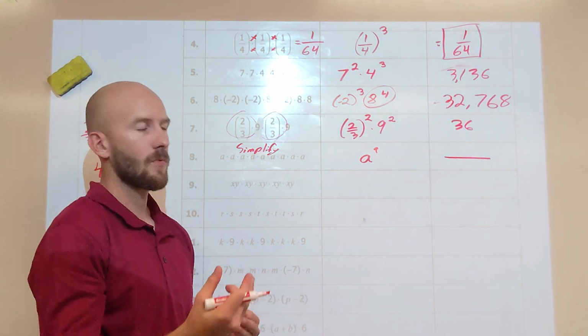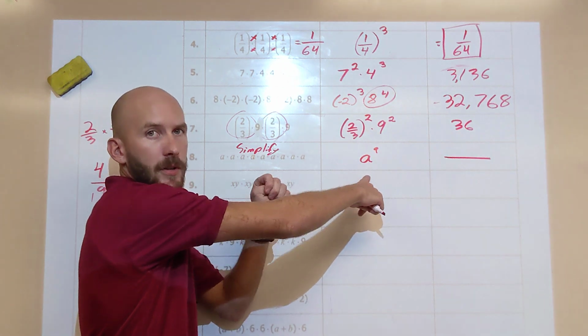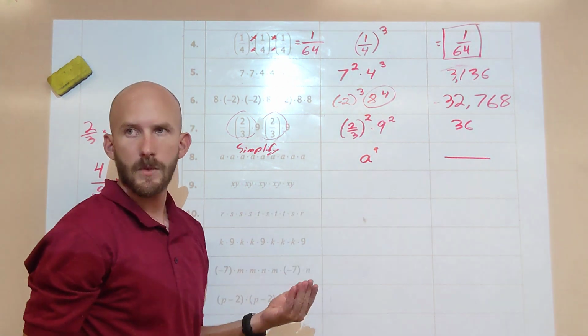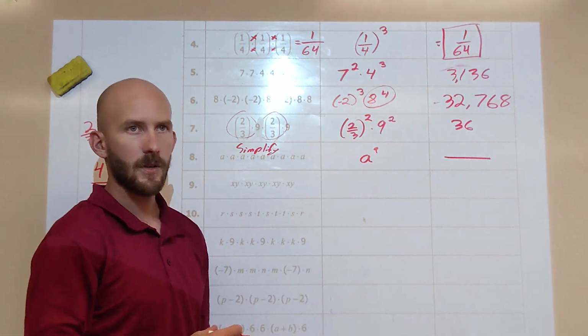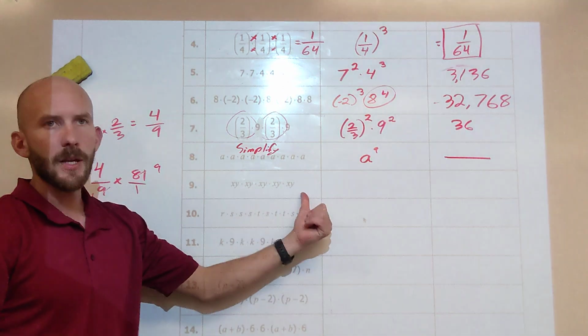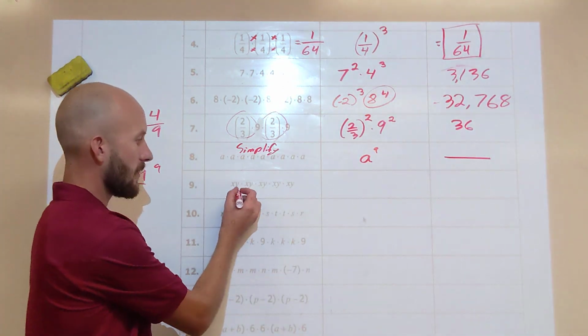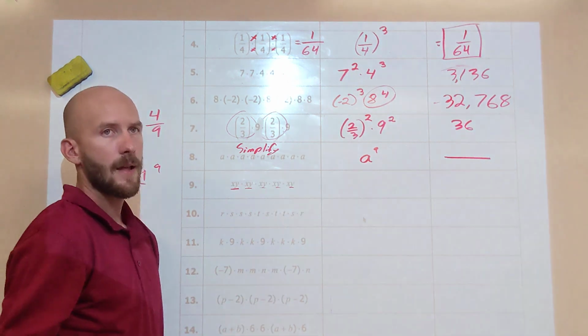But it's not asking you for the answer. It's saying take this and simplify it down to this. Does that make sense? You're trying to put it in simplest form, because this is a lot easier to work with. Okay? All right, when we get to here, notice how it's xy times xy times xy times xy times xy.